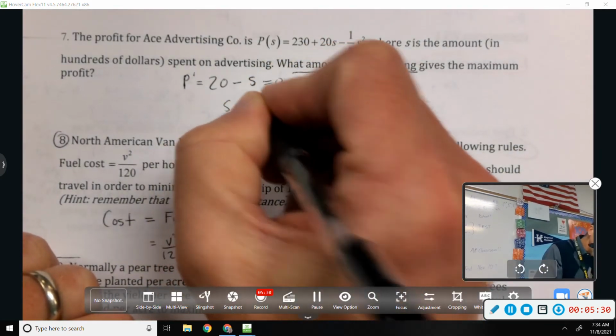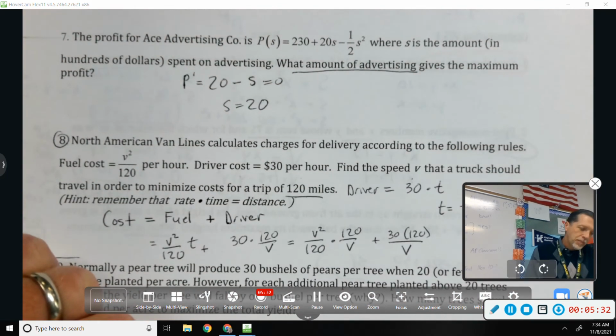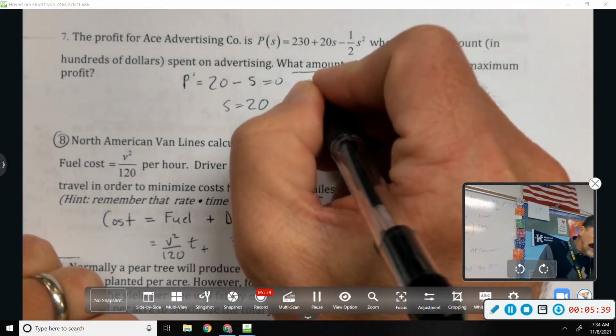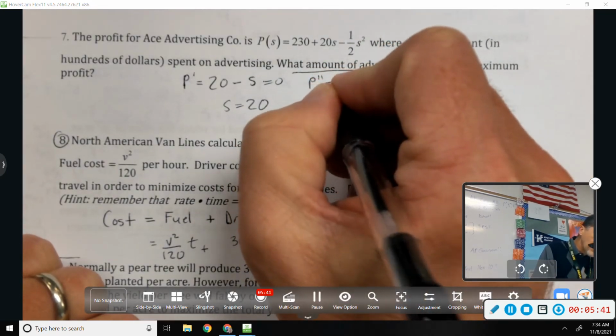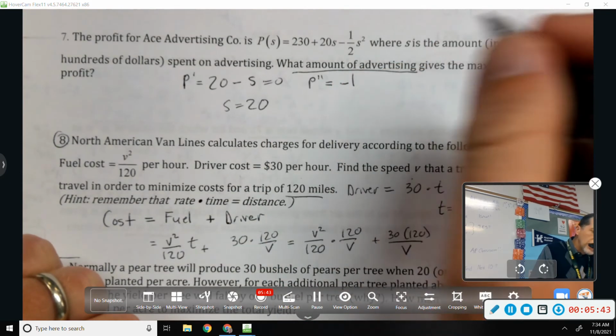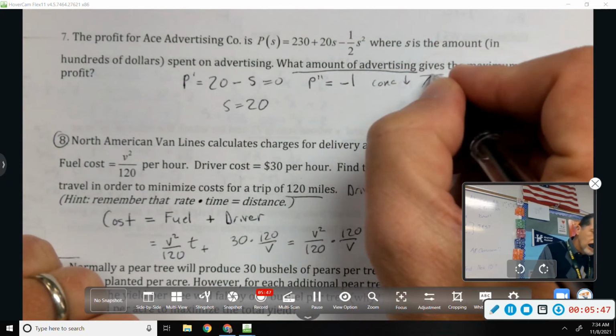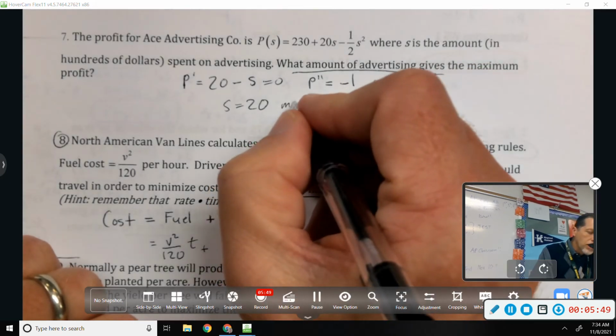S equals 20 is the spot that would give us the maximum. Although we forgot to do this on the last one, I could double check that. The second derivative would be -1. Negative means concave down. So yes, S equals 20 is a maximum.